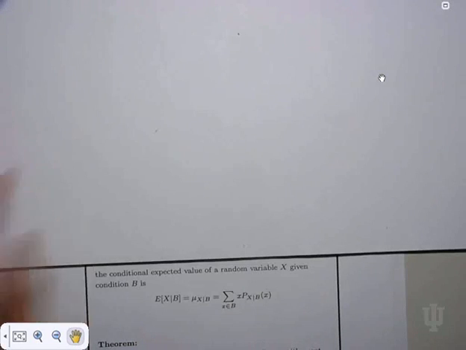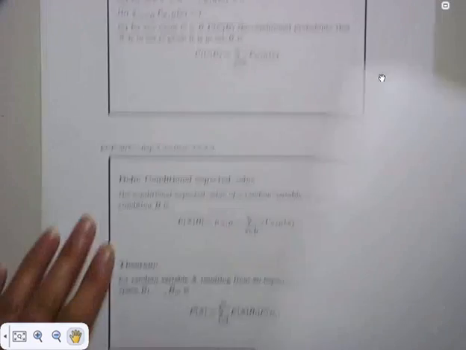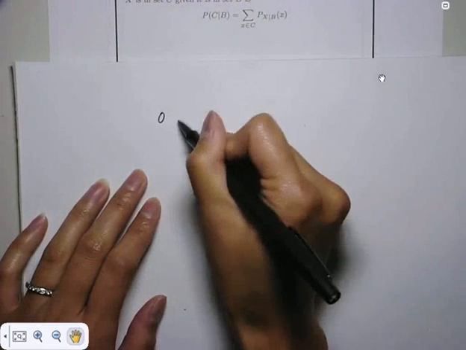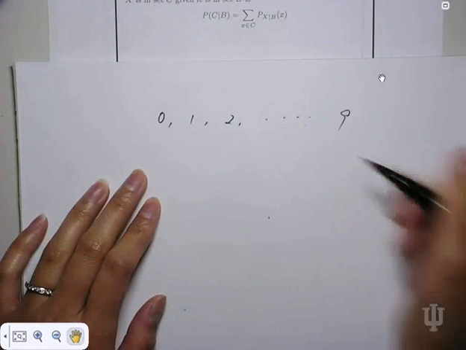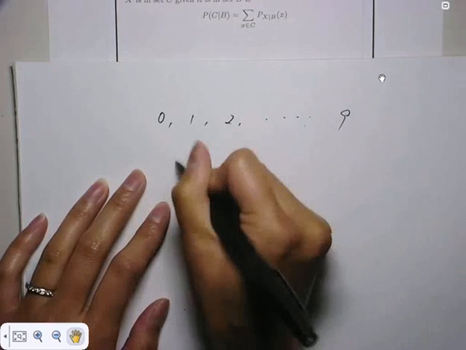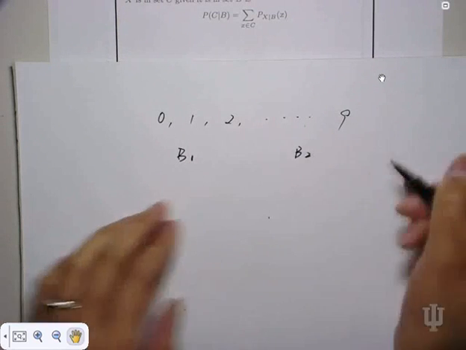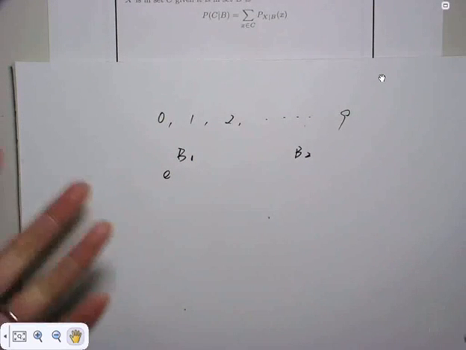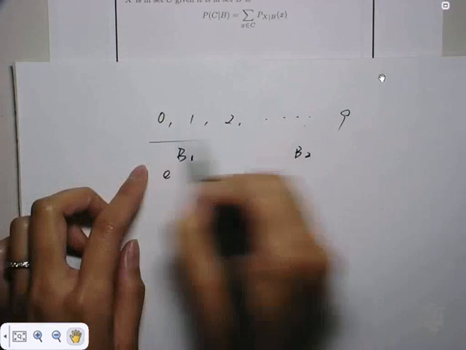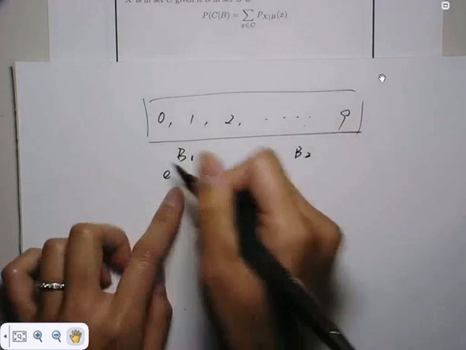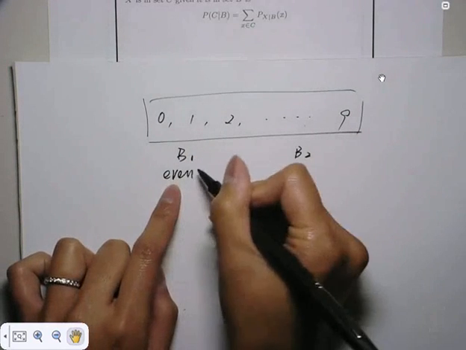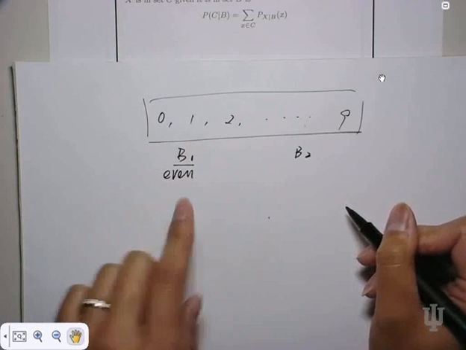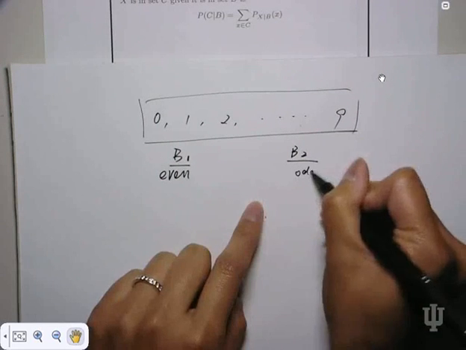We just do the example again actually, and you did this before. Another example: if I have 10 numbers, 0 to 9, and I call B1, B2 two different conditions. The experiment is just to pick a number from this sample space. First condition is knowing the number I picked is even. The second condition is knowing the number I picked is odd.